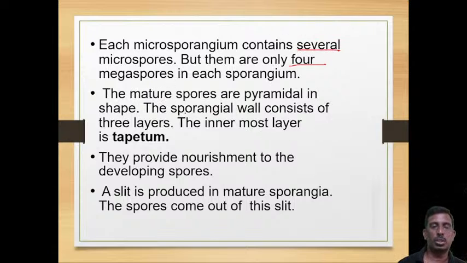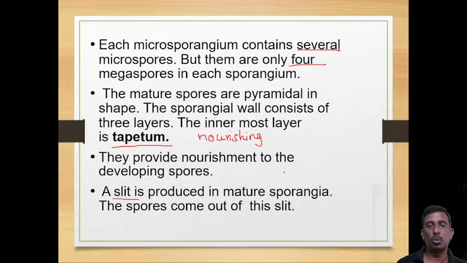Immature spores. The sporangial wall has 3 layers. The innermost layer is called tapetum, which is a nourishing tissue that provides food materials for the developing spores. On maturation, a slit is formed.